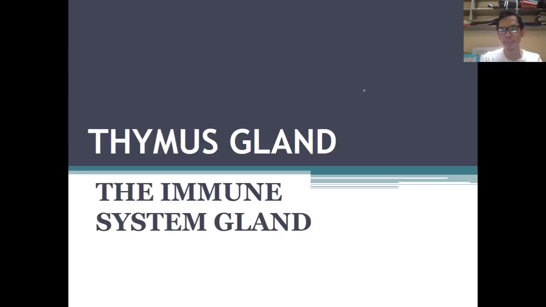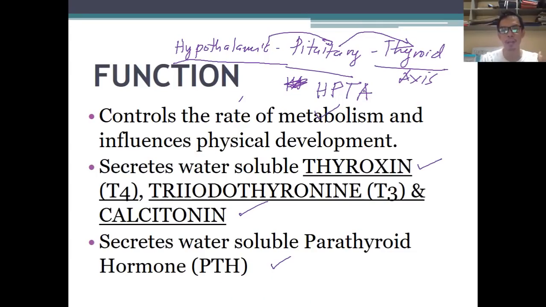By the way, we'll just give another info on this one. Oversecretion of thyroxine is called hyperthyroidism. We call that disease Graves' disease. So what is Graves' disease?